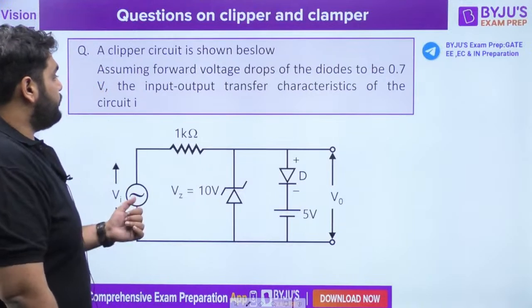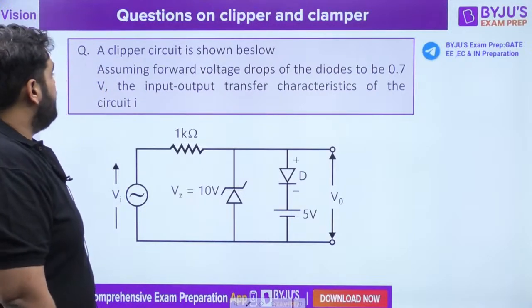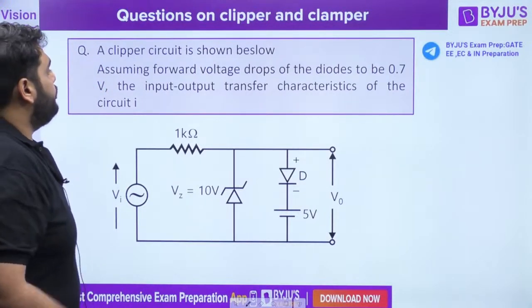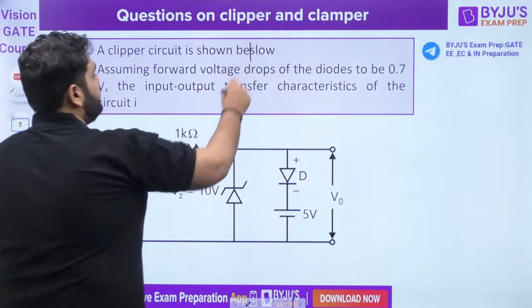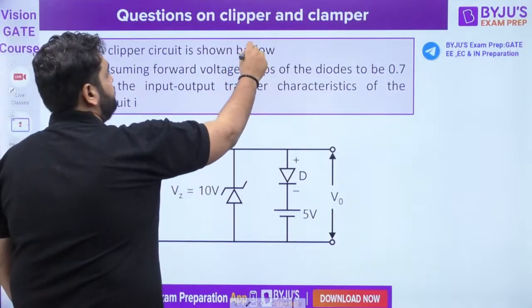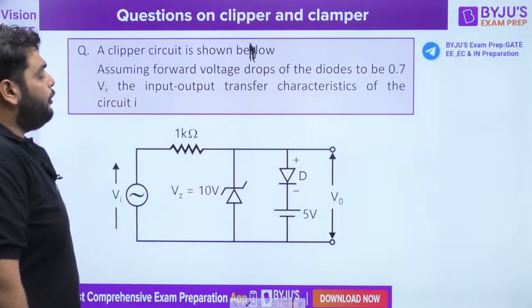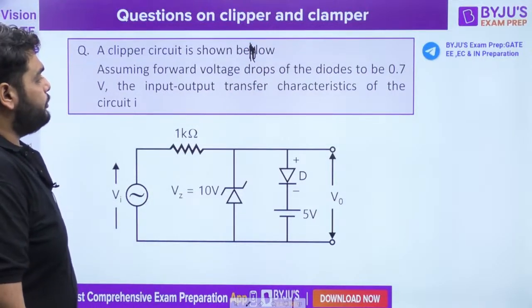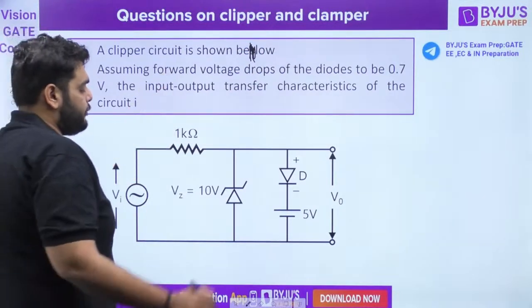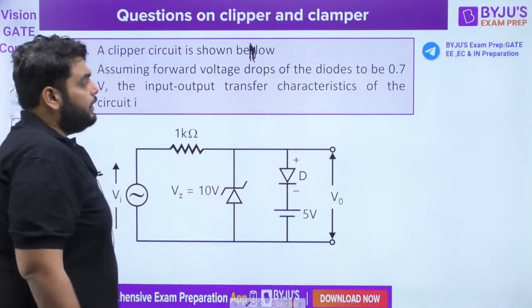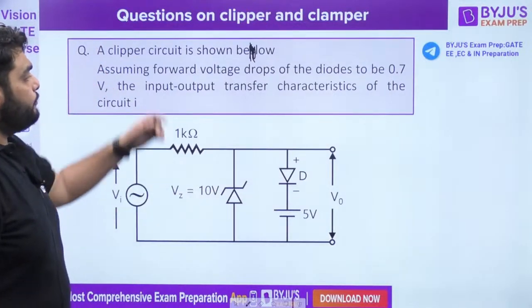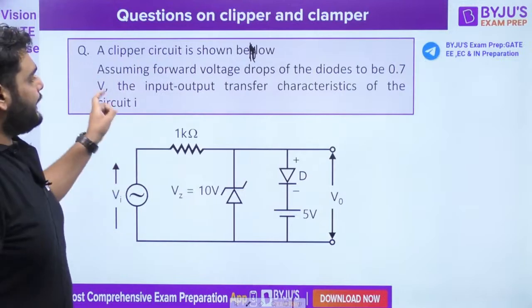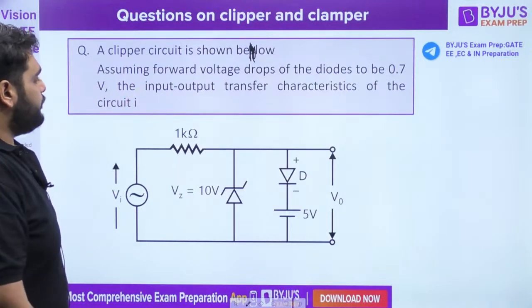Now next, try to solve this question. A clipper circuit is shown below. Assuming the forward voltage drop of the diodes, they are saying diodes, so they are talking about the Zener diode as well as the normal PN junction diode, to be 0.7, the input-output transfer characteristic of the circuit is.